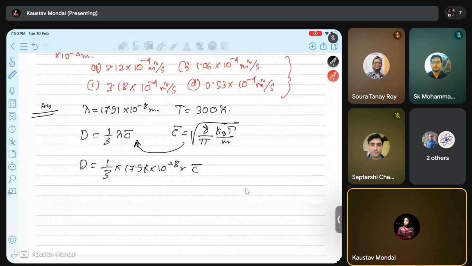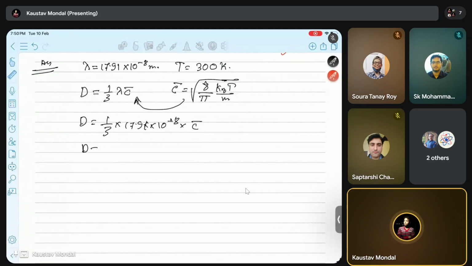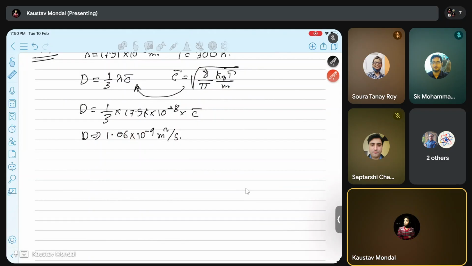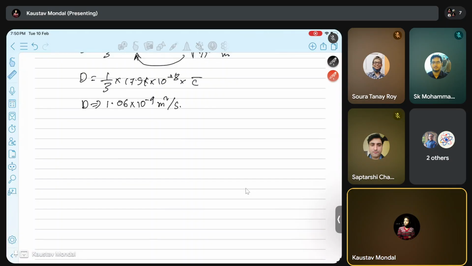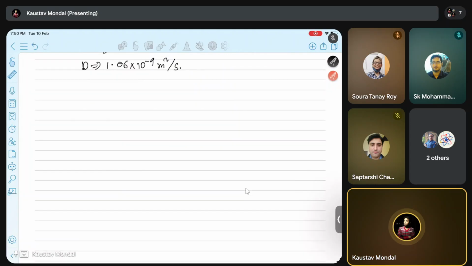So after doing that, the value of D will be 1.06 into 10 to the power minus 4 meter square per second. Okay, question number 8.